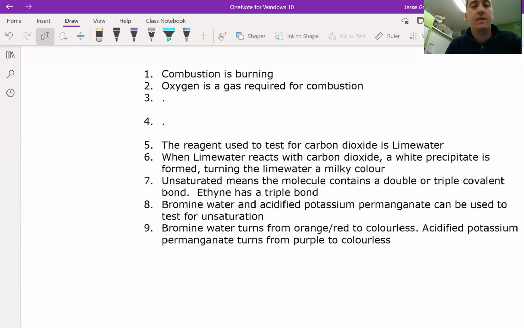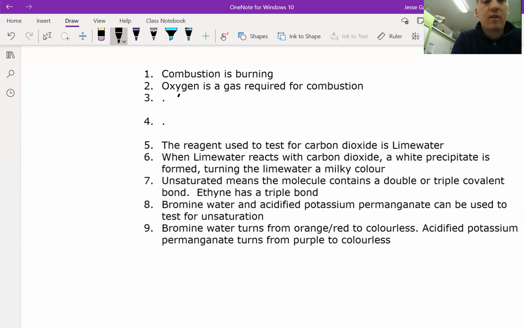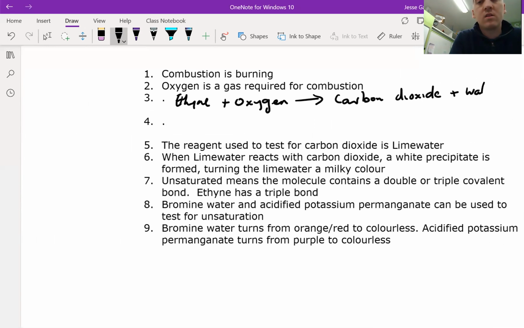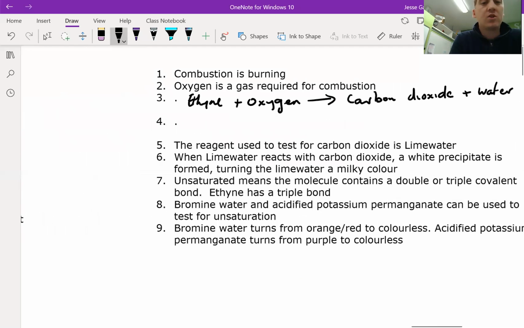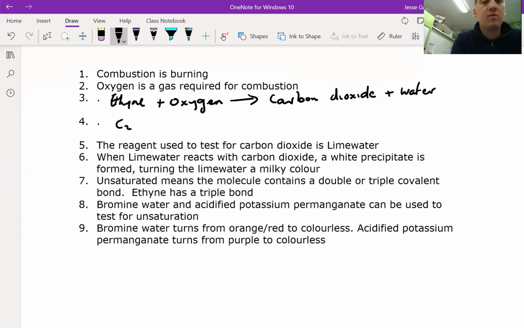So this would be, we're reacting Ethine plus oxygen, and we're getting carbon dioxide plus water. Question 4 asks for a balanced symbol equation. All right, Ethyne C2H2 plus oxygen O2 gives you CO2 plus H2O. Those are the symbol equations for each of them.